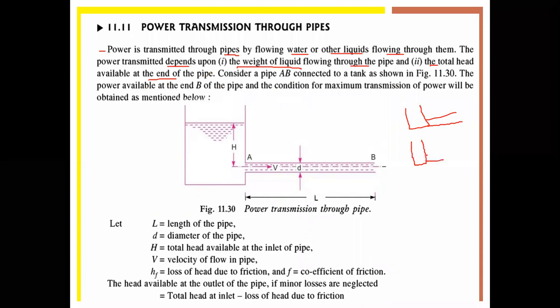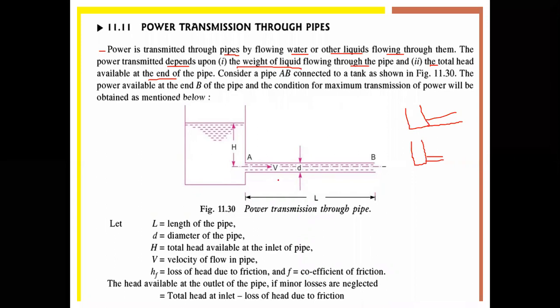So draw the pipe in this way. If you are not maintaining the downside, it's not a valid figure, right? The power available at the end B of the pipe and the condition for maximum transmission of power will be obtained as mentioned below. So very simple: draw a container, draw a pipe, mention the names, the height of the pipe, the diameter of the pipe, A, B, that's it.